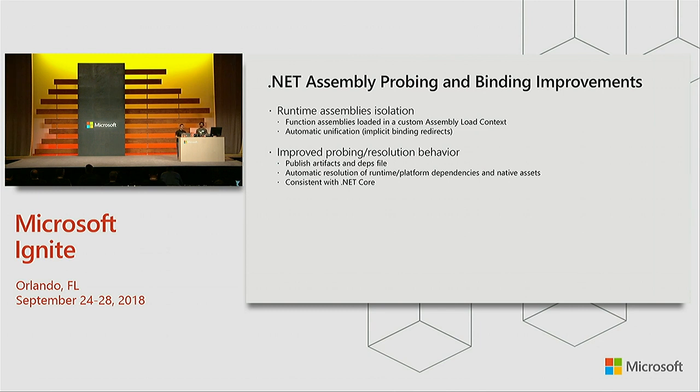We perform automatic resolution of platform-specific and native dependencies. This is something that some customers have struggled with in the past with V1, although it was supported. There were some cases where it was tricky to get it to work, and we had to help people along. It's now really straightforward in V2 to deploy and have dependencies on native and platform-specific assets.